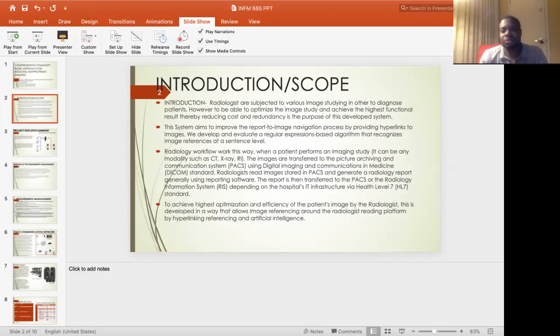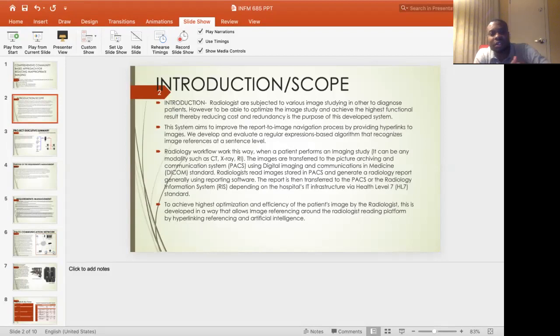Radiologists read images stored in PACS. So the physician or provider puts in an order, like a CT scan, lab, or X-ray. They go through the PACS and generate radiology reports using the reporting software.